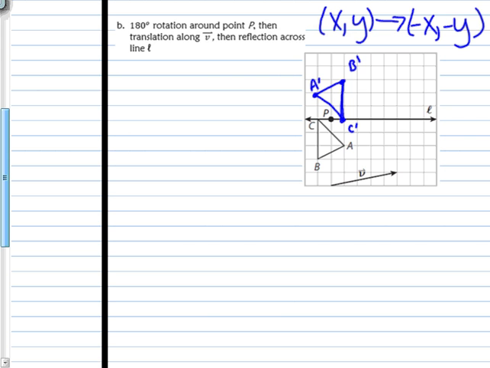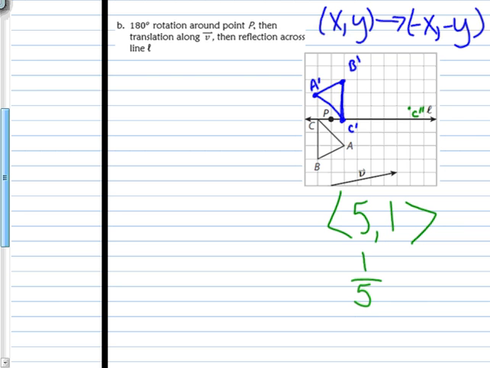Then we are translating it along the vector. And again, I need to look at the slope of the vector. The vector in component form is 5, comma 1. Or if you're writing in slope form, it's up 1 over 5. Okay, so translating along the vector, I'm going to use green for this. We go 5 over, 1, 2, 3, 4, 5, and up 1.